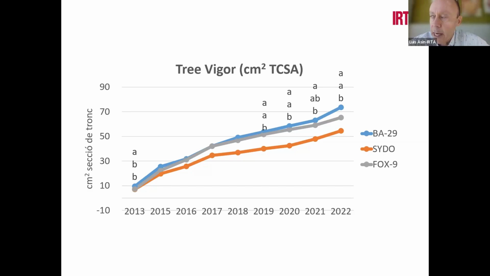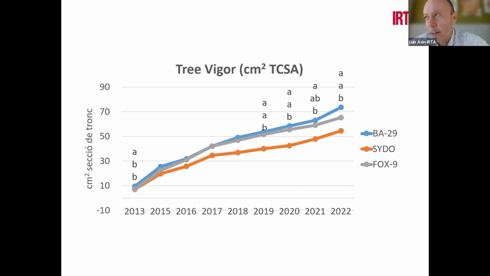Since Sido has higher fruit size and important performance from the point of view of yield, and the trunk cross-section area is lower, consequently the canopy is smaller in comparison with the other trees. If you have a small tree and a small canopy, a fruit grower can introduce a higher number of trees per hectare.